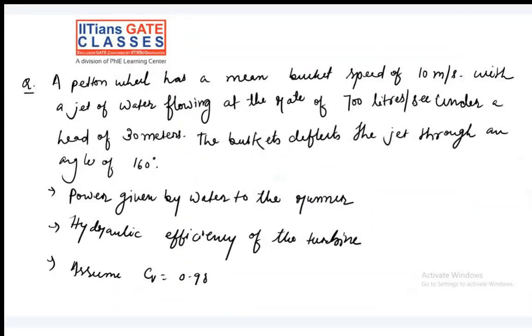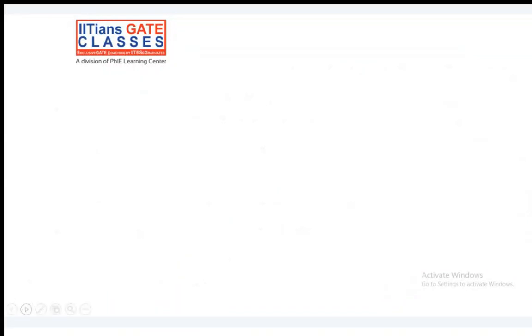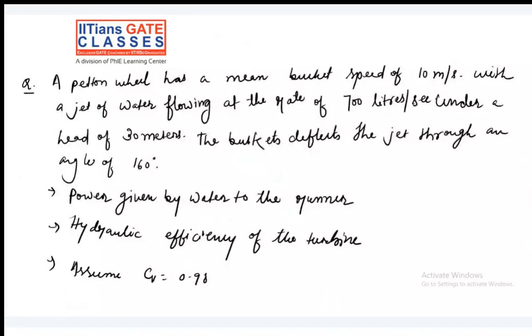The first thing we need to do in these kinds of questions is write down the given data, so you understand what is given and what is to be found. So u1 equals u2 equals u, which is given as 10 meters per second. Please write this question in your copies, otherwise you will not keep up with what was given.